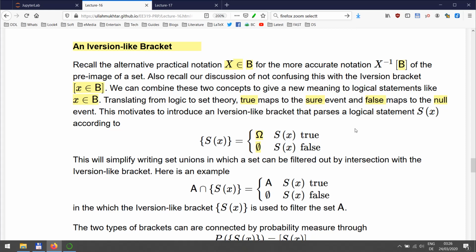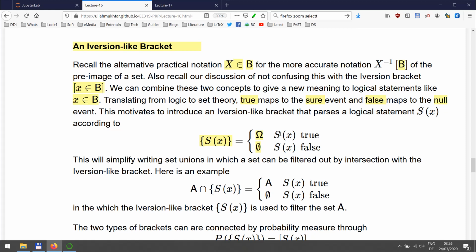So now if we replace that square bracket with this middle bracket here, and I put the same proposition, any proposition s of x, or any statement s of x. S stands for statement. I have a logical statement.